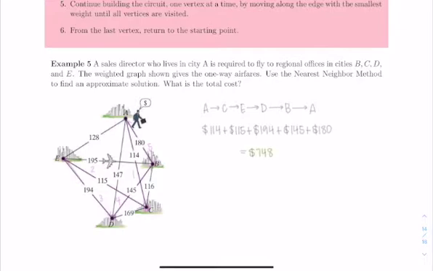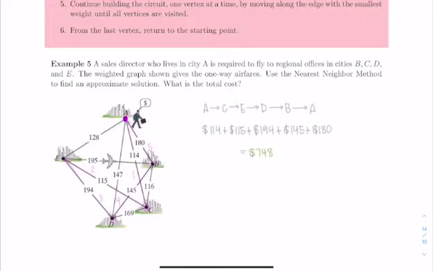So we know we have to start at A and we have to end at A because that is where he lives. So sitting at A, we want to see what the smallest weight possible is that comes on the edges from A. So we have 128, we have 147, we have 114, and we have 180.